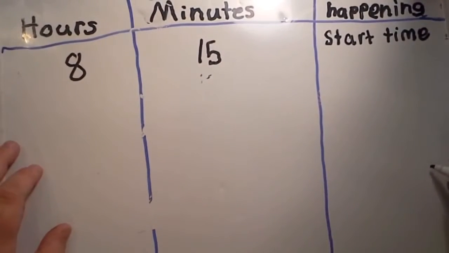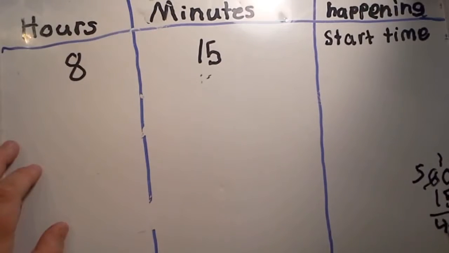So I'm going to take 15 and I'm going to subtract that from 60. Okay, so I cross out this, becomes a 5, 10 minus 5 is 5, 5 minus 1 is 4. So I get 45.